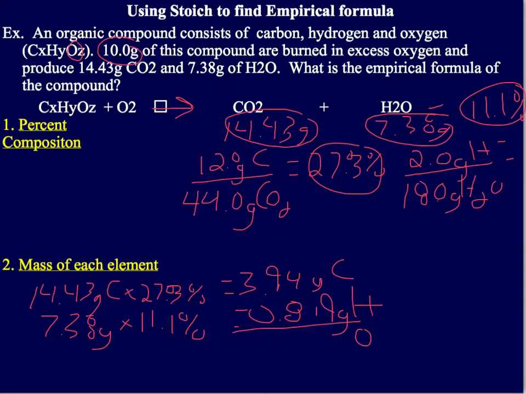So what that gives us is oxygen is 5.24 grams. So mass of oxygen plus hydrogen plus carbon equals the total of 10 grams of the organic molecule.